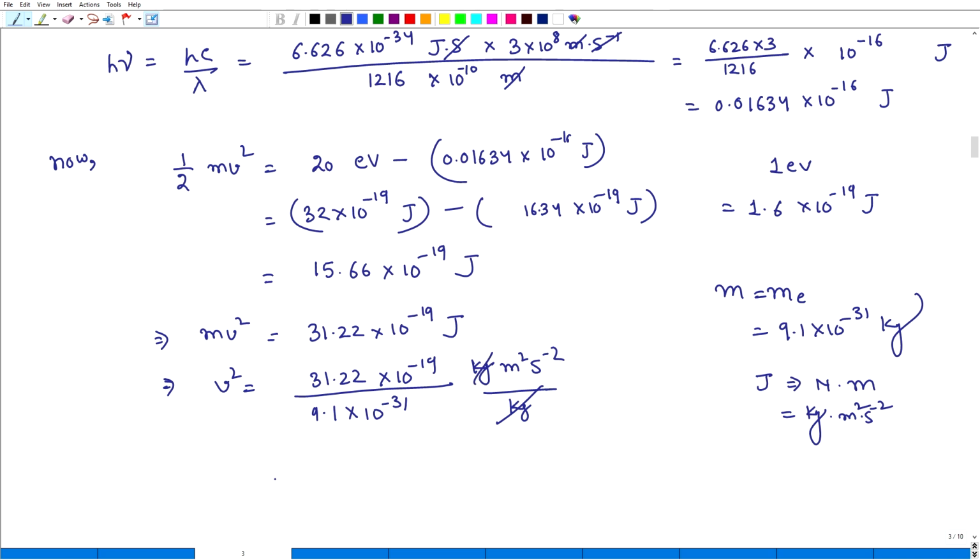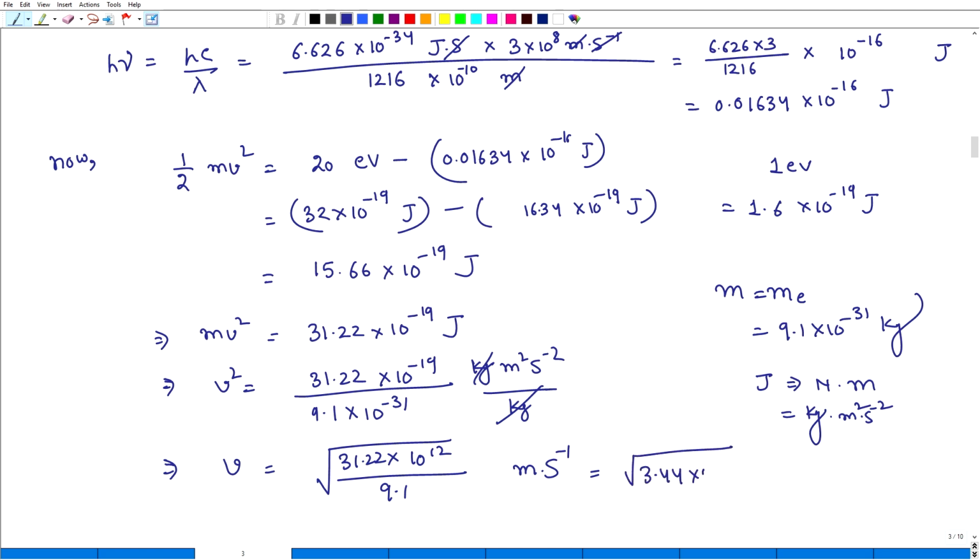So v square will be 31.22 into 10 to the power 12, I guess, divided by 9.1 meter square per second square. It comes around 3.44 into 10 to the power 12.